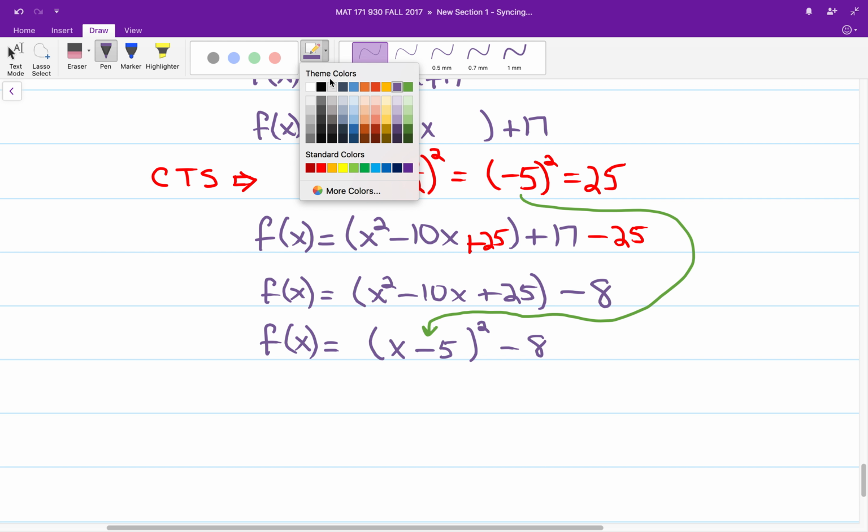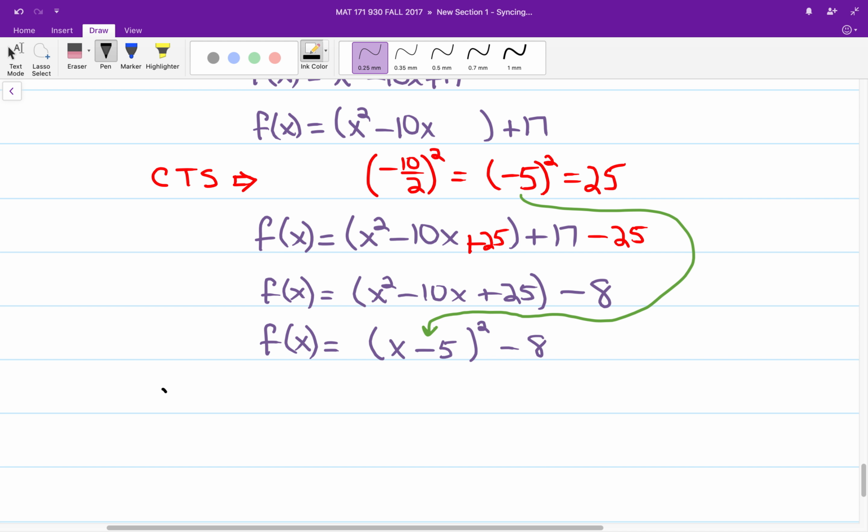So in the case of the vertex form, I have f of x is equal to the square of x minus 5, minus 8.